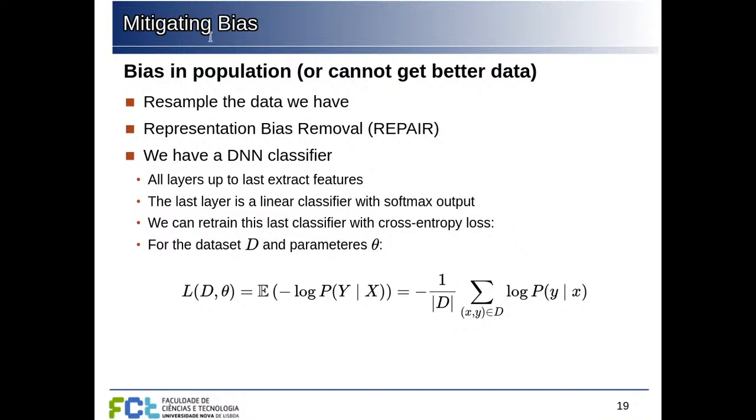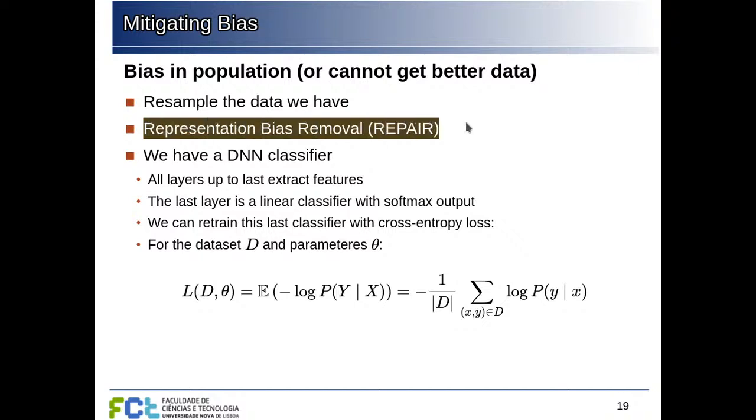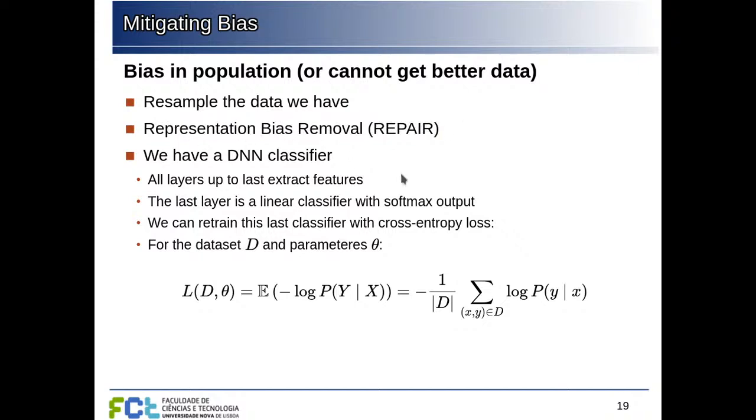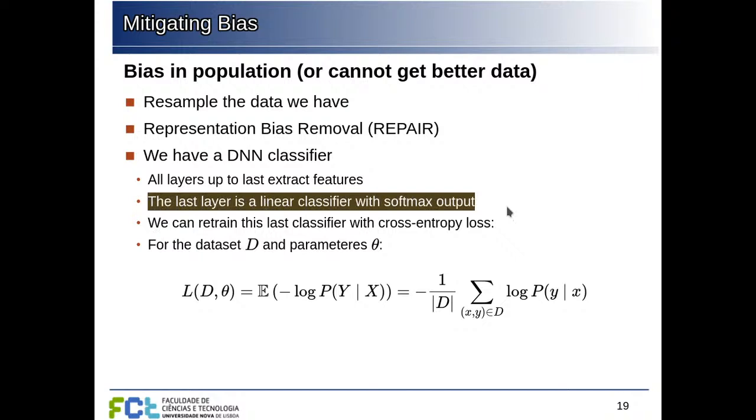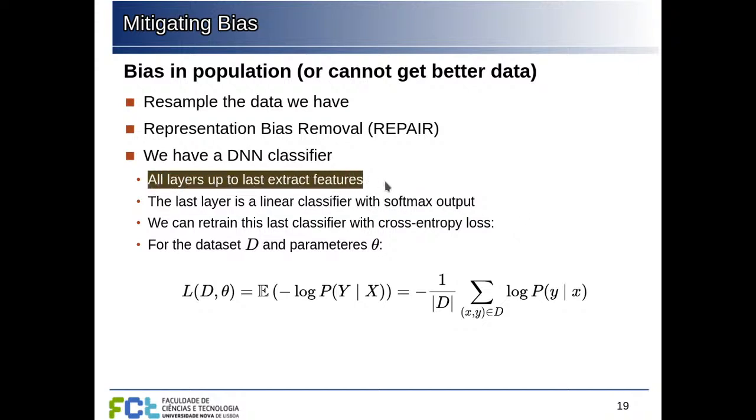So REPAIR is one attempt to automate that, representation bias removal, in which we have a deep neural network classifier. We can think of a deep neural network classifier as being just a linear model at the end. You can think of the last layer, where you have the softmax output, as just a linear classifier applied on the result of all the previous layers.